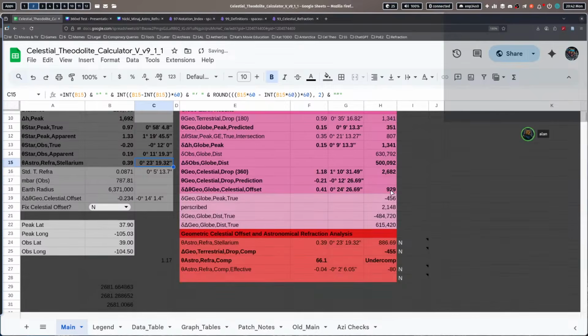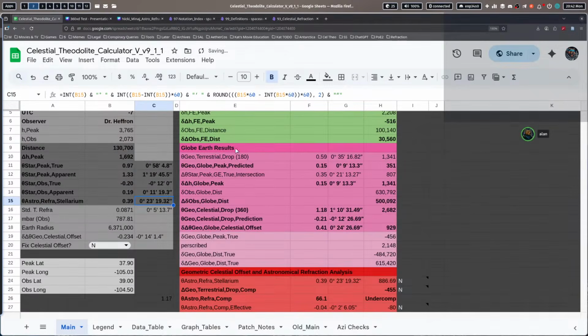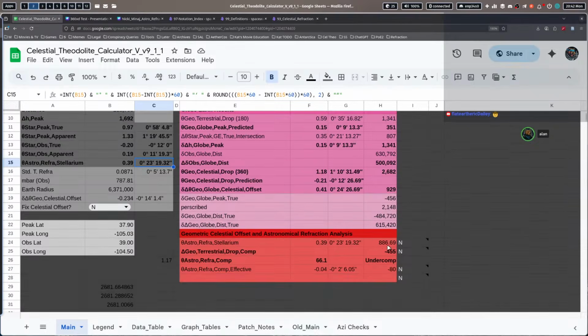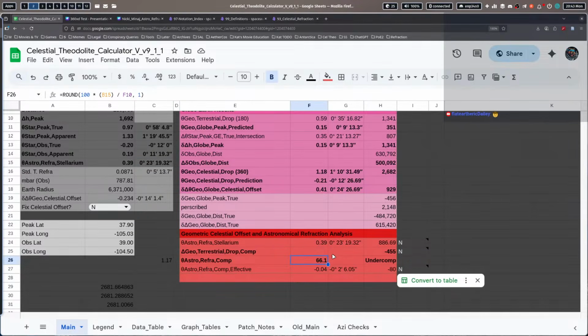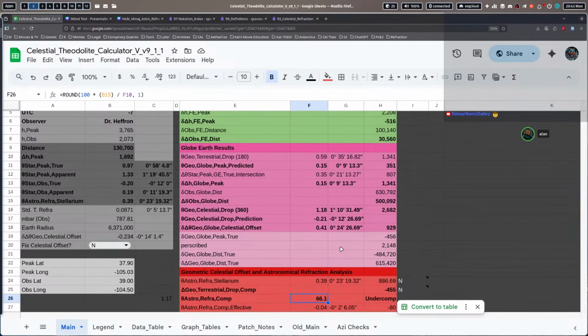When we do the trig functions for all of that relative to that distance and elevation, we come up with a lift of 886 meters. So they were unable to compensate by 455 meters. And the ratio of that comes out to be 66% of refraction to the drop over distance in terms of compensation. And they suffered complete geometric failure there.